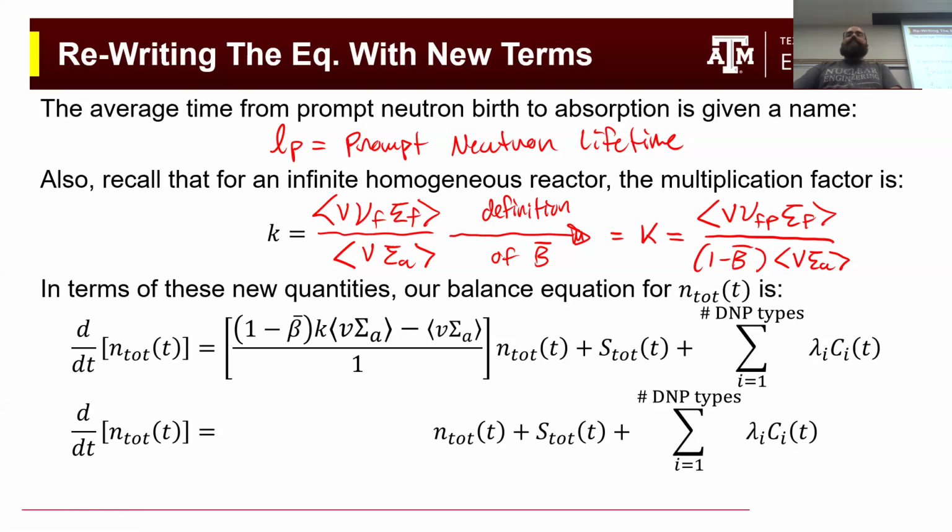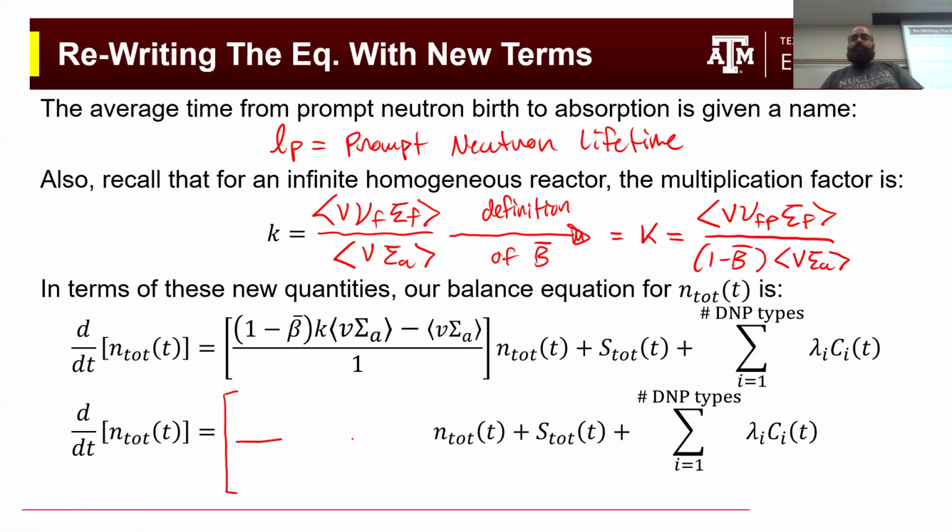So plugging things in, making use of those definitions, takes that previous equation that we had and gets us here. And then what we're going to do is divide top and bottom by the average of V sigma A. When I divide top and bottom by that average, it knocks that term out on that first part.